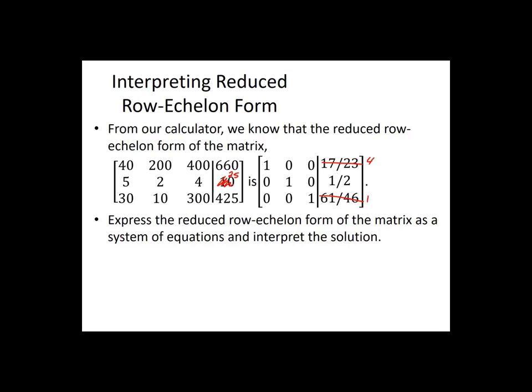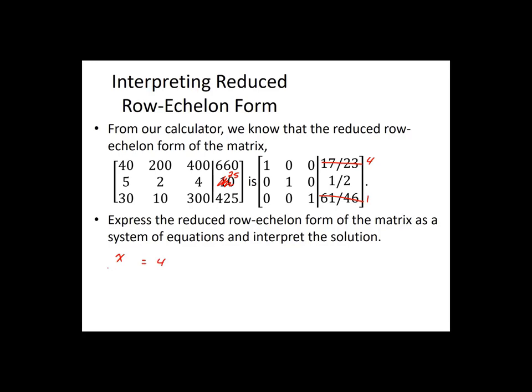Now express the reduced row echelon form of the matrix as a system of equations and interpret the solution. This first row becomes the equation 1x plus 0y plus 0z, those we don't have to write, equals 4. So x equals 4.